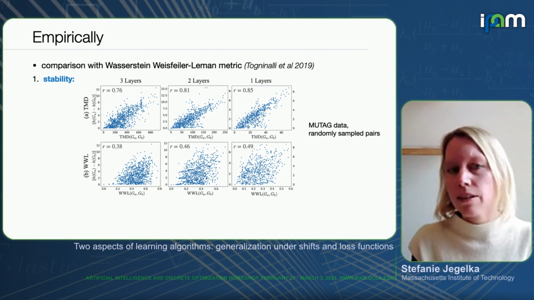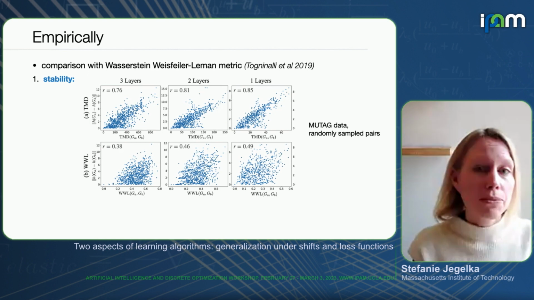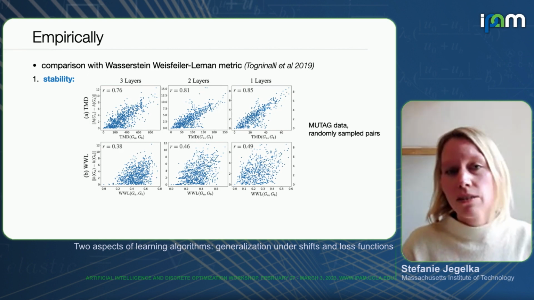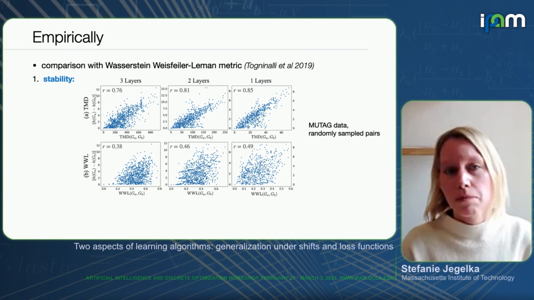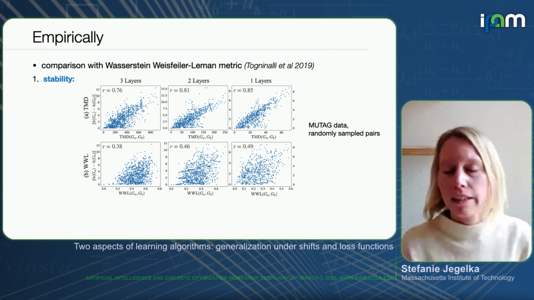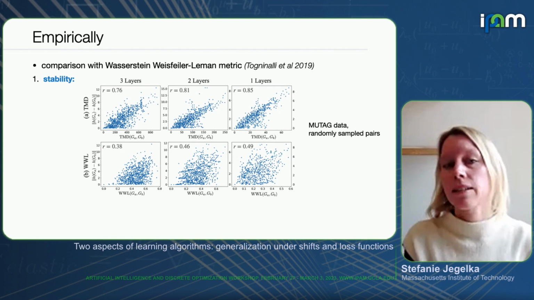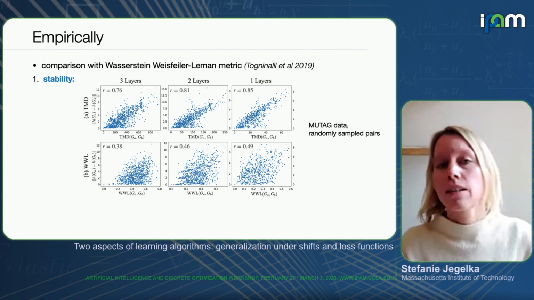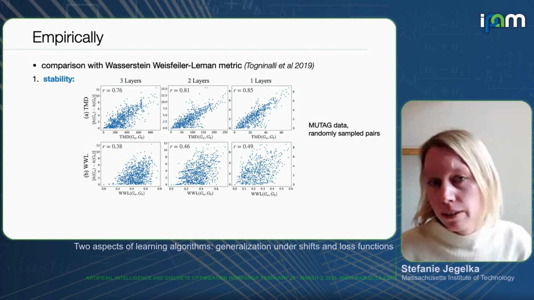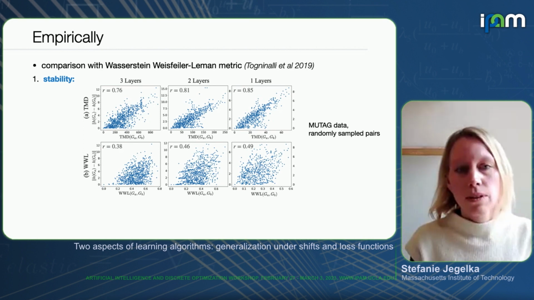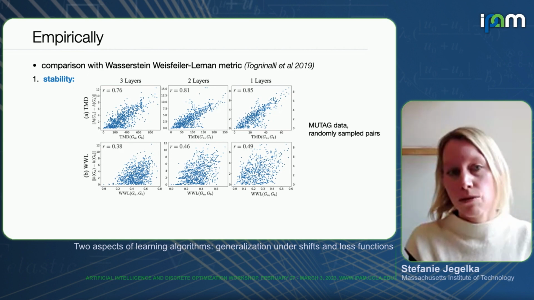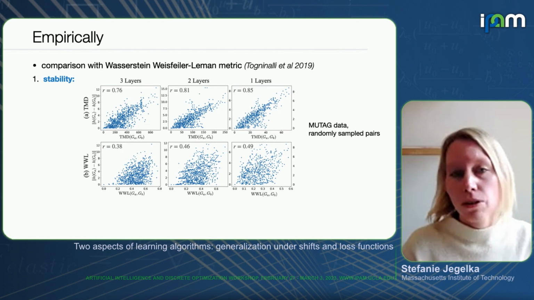What we're comparing with here is a different metric. It's called the Wasserstein-Weisfeiler-Lehmann metric. What that does is essentially compute embeddings via graph neural networks and then compare the embeddings in a Euclidean way. The top row is the tree mover's distance, the new one, and the bottom row is this Wasserstein-Weisfeiler-Lehmann metric.